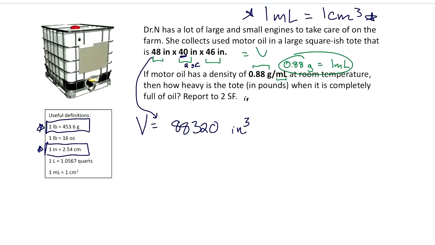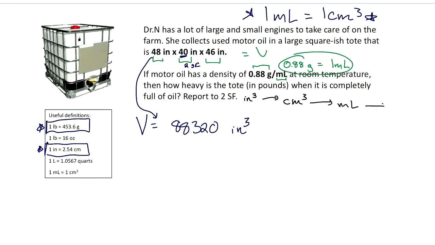So here's my strategy. I'll write this in the corner. We're starting with inches cubed, that's my volume. In order to get to milliliters, it's beneficial to get it into centimeters cubed first. Now I can get to milliliters using the 1-to-1.